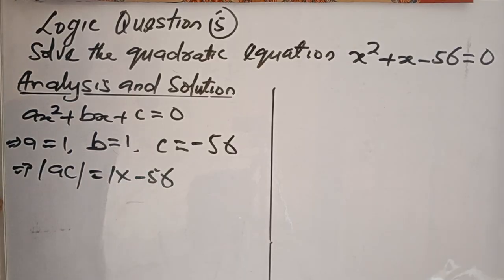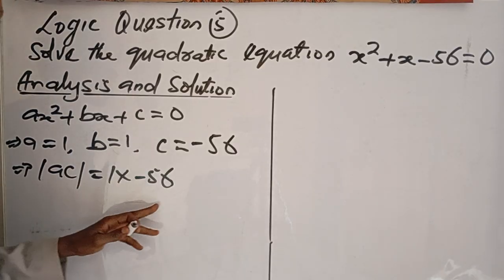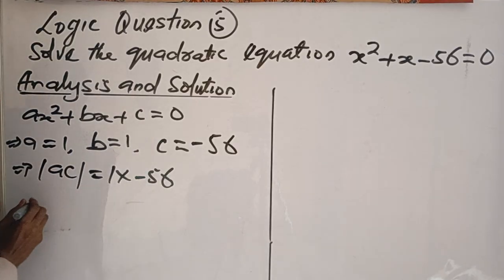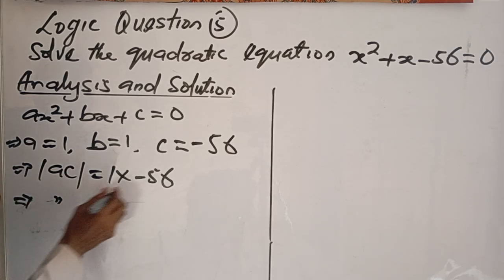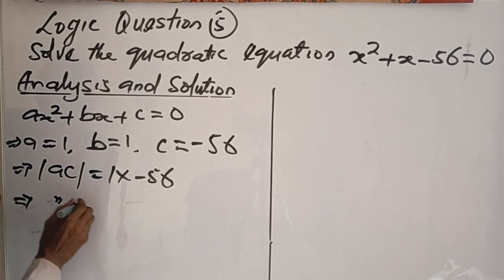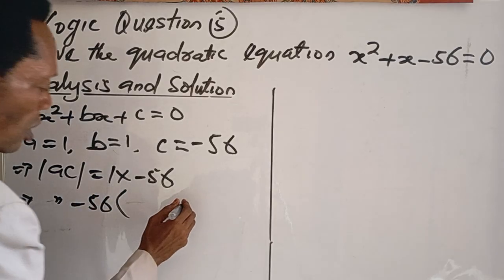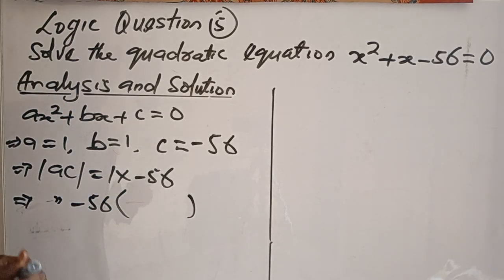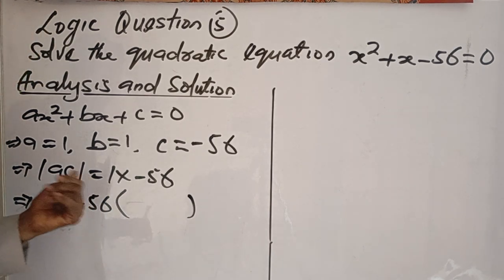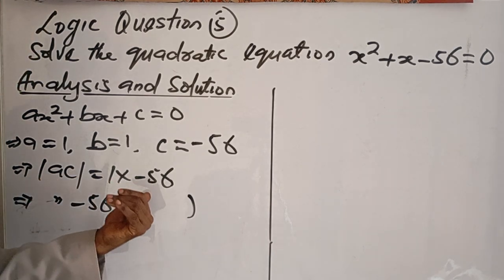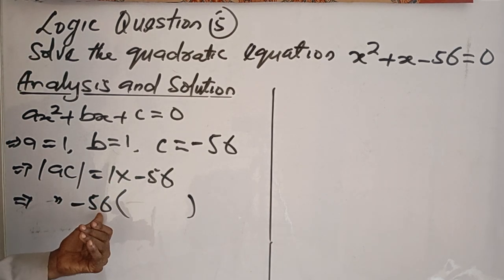So our ac equals minus 56. See what I've just done: the product of ac, that is 1 times minus 56, will give us minus 56.